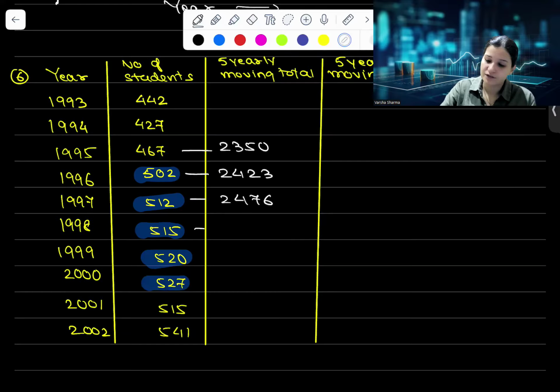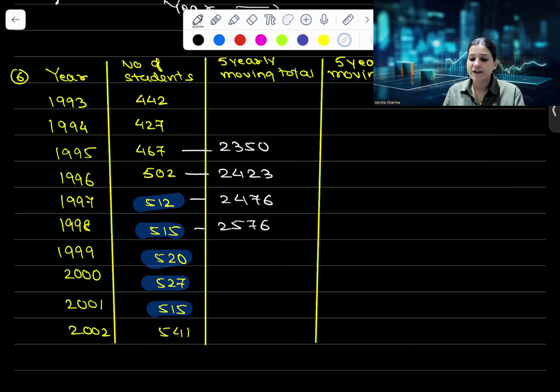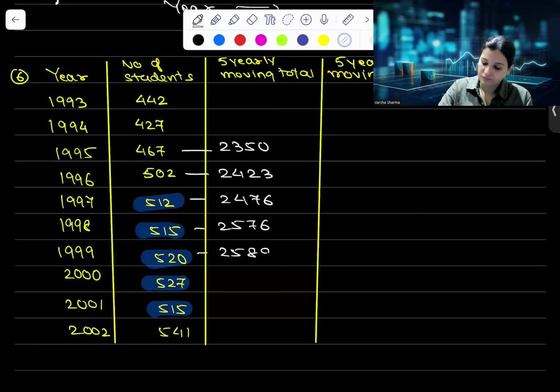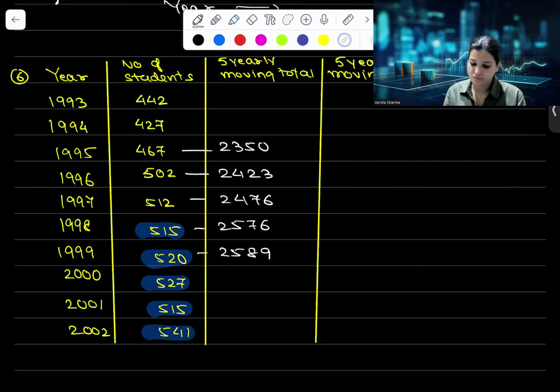Okay, sorry, I heard wrong. Remove 502, add 515. Basically, add only 13. 2589. Remove 512, add 541. 2618.